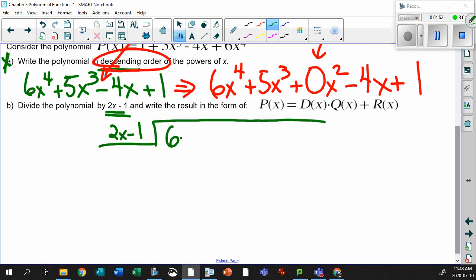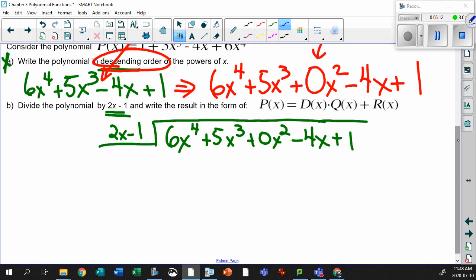My wonderful original question, which we call the dividend, the original polynomial, 6x to the fourth plus 5x cubed plus 0x squared minus 4x plus 1. Look how long we're going to be working. Okay, same as before. Always look at just the 2x. The minus 1 will follow.